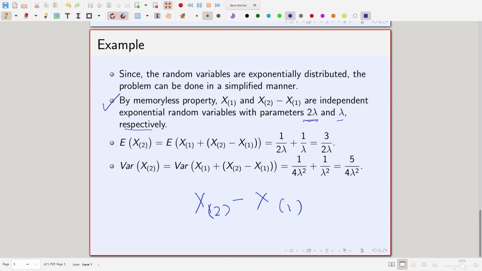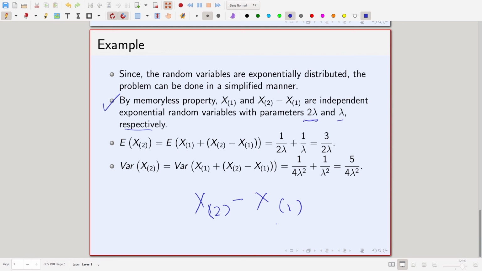But now the claim is that X2 minus X1 and X1 are independent. Why? Because X2 minus X1 you can think of as the excess life, right? So how much bigger this X2 will be in comparison to X1. It is again looking at the excess life or the remaining life.